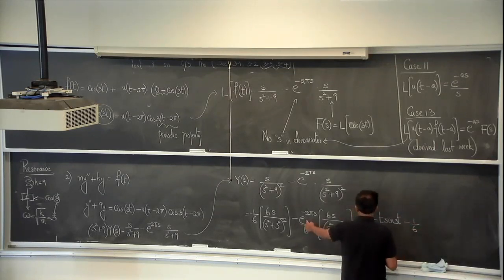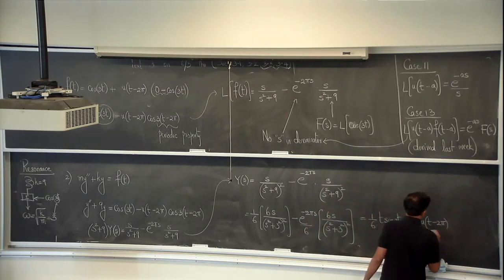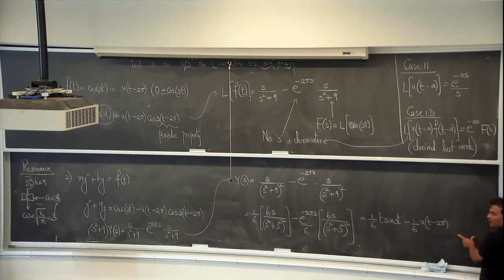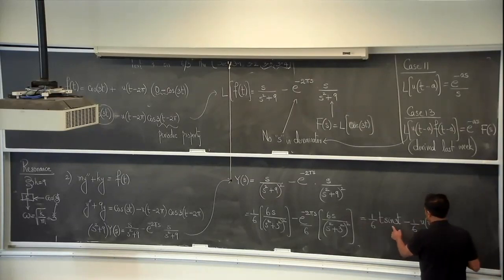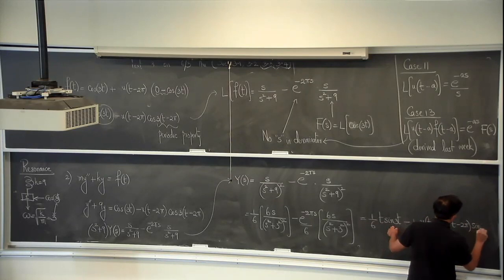Remember that e becomes u. So it's going to be u of t minus 2 pi times the same term, but shifted by 2 pi. So instead of writing t sine 3t, it's going to be t minus 2 pi times sine of 3 times t minus 2 pi.